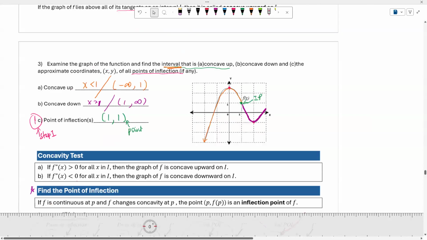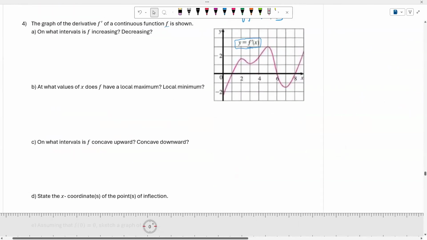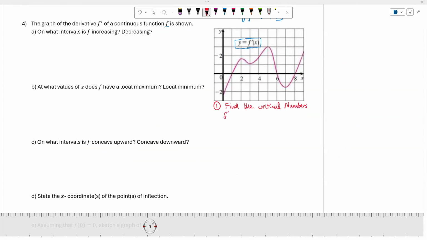Okay, so let's see how we work it out. Again, the first step is I would like to find the critical numbers. That means in this case, I would like to find f prime of x equal to 0.